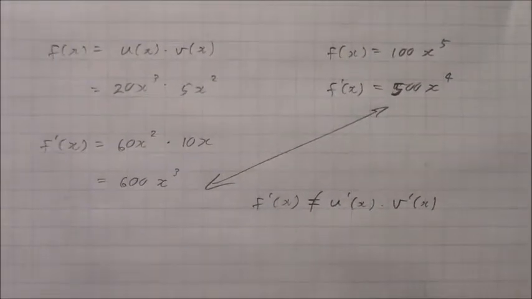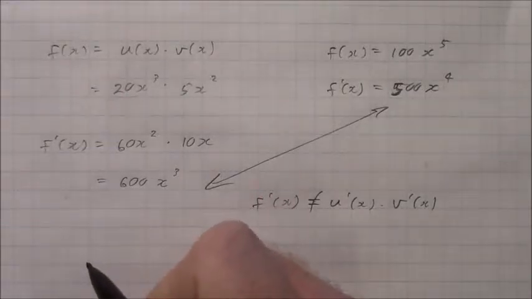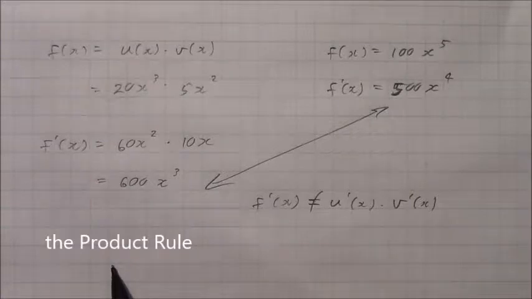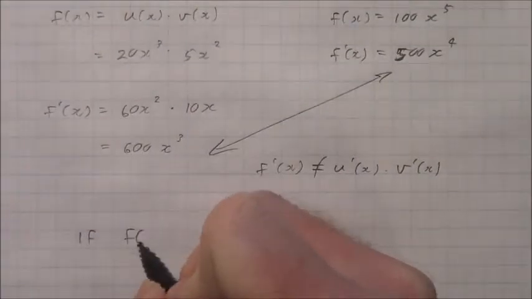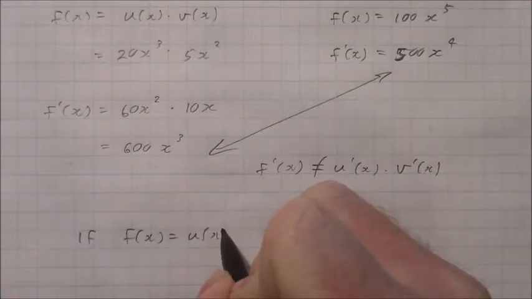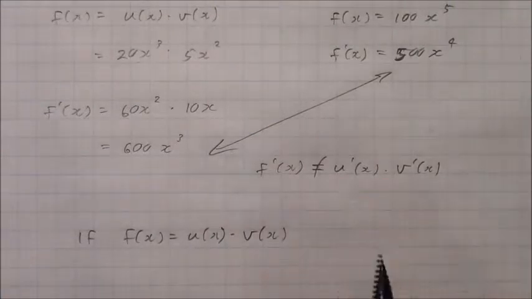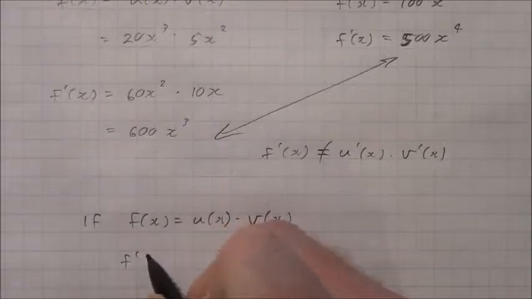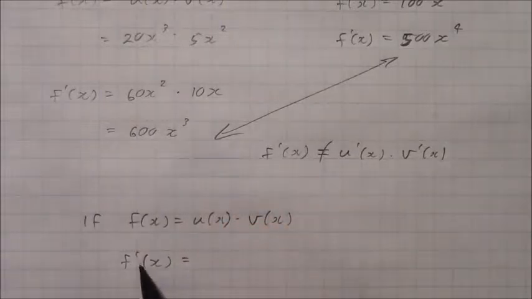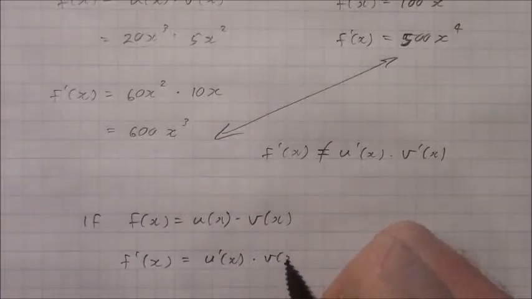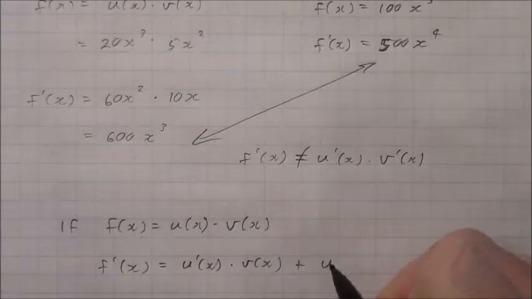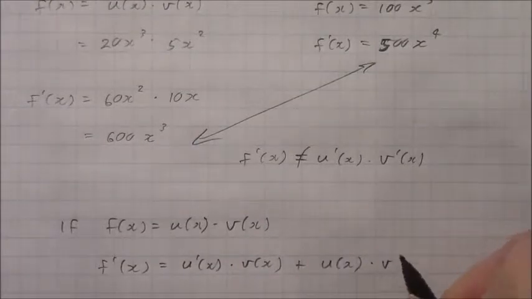But somewhere along the line, some brilliant mathematician came up with the product rule of differentiating. So if we have f of x equal to u of x multiplied by v of x, then the product rule states that f prime of x equals u prime of x multiplied by v of x plus u of x multiplied by v prime of x.